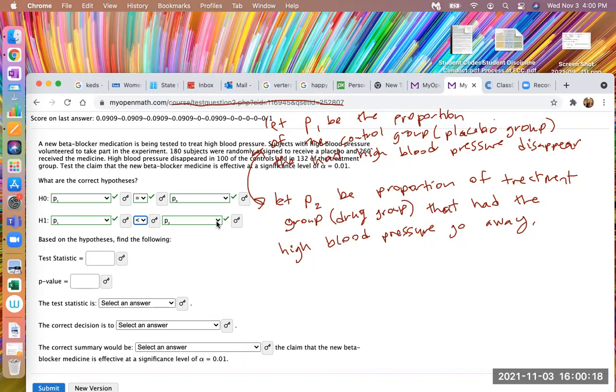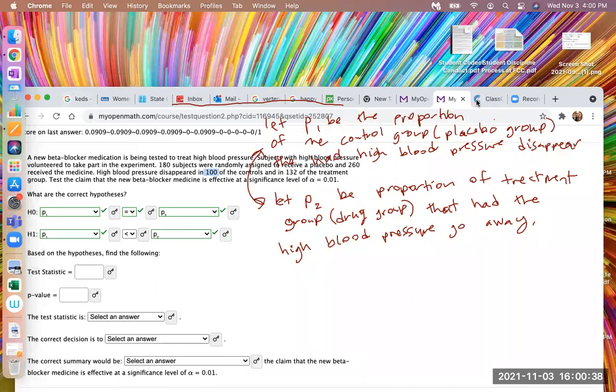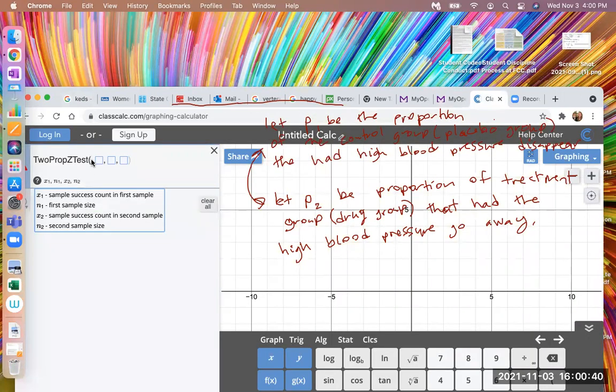Okay, the number of people who had the high blood pressure go away in population 1, which was the control group, is 100 of the controls. So 100 of the 180 had the high blood pressure go away. So I'm going to input 100 for the success count of population 1, and 180 for the sample size.